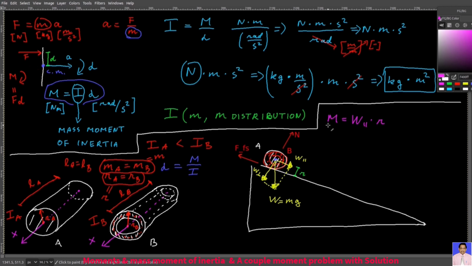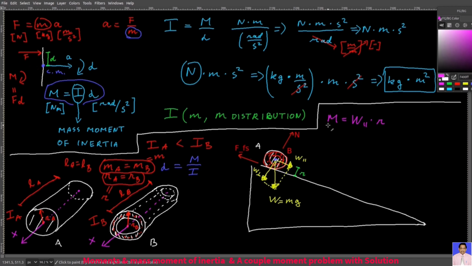Now here I need to point out that this cylinder rotates because there is a static friction force between the cylinder and the ramp that points in the opposite direction. And when there is static friction, that means the wheel is rolling down without slipping. So there is no sliding between the wheel and the surface of the ramp.